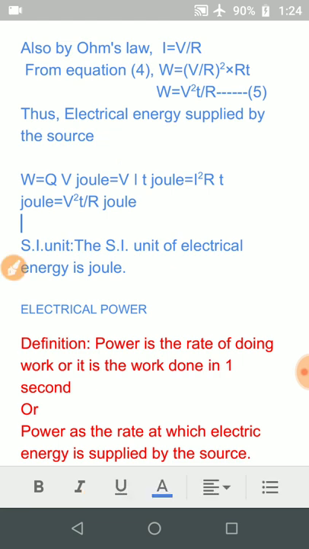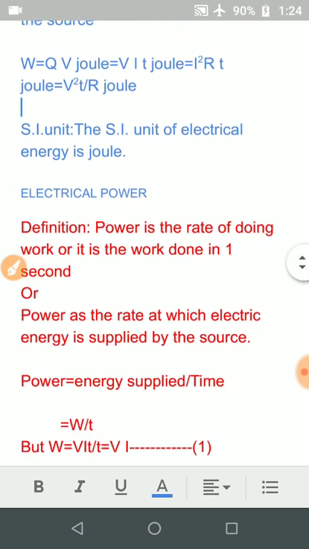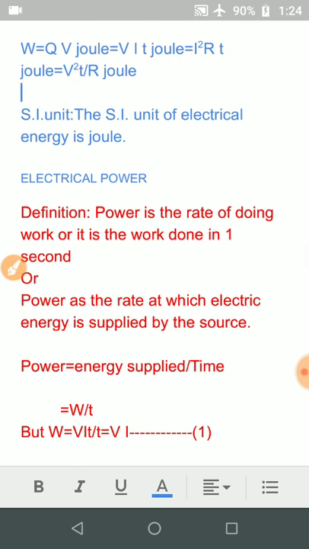Now friends, let us discuss electrical power. What is the meaning of power? Power means capacity to do work. Yes, that is the rate of doing work.